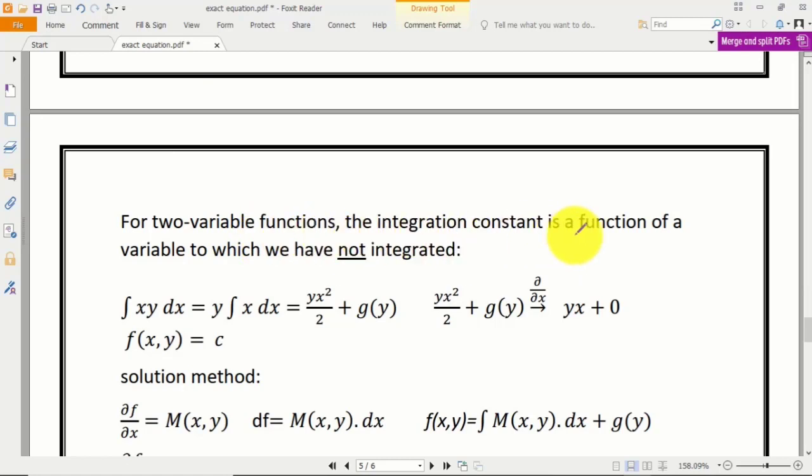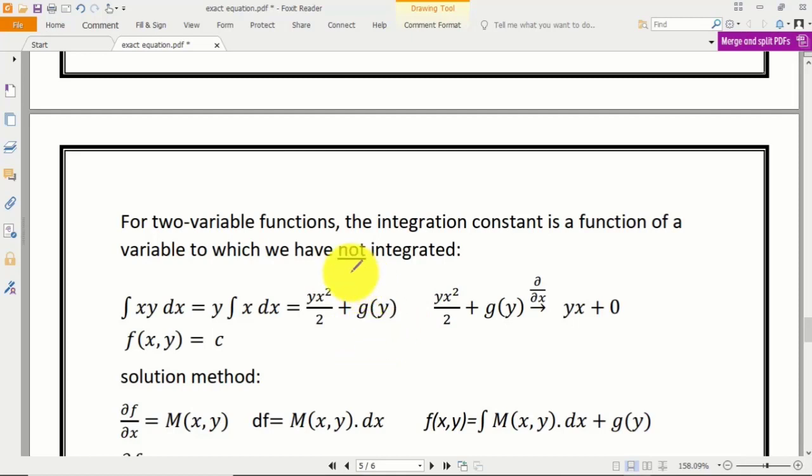The integration constant is considered as a function of the variable which we did not integrate. To put it simply, let's consider the integral of xy dx, where we get f of x and y, a two-variable function, equal to a constant value. By evaluating this integral, we'll have y times the integral of x dx, since y is a constant with respect to x, so the answer would be y times x squared over 2 plus the constant value of integration, which is importantly a function of the variable that we did not integrate.